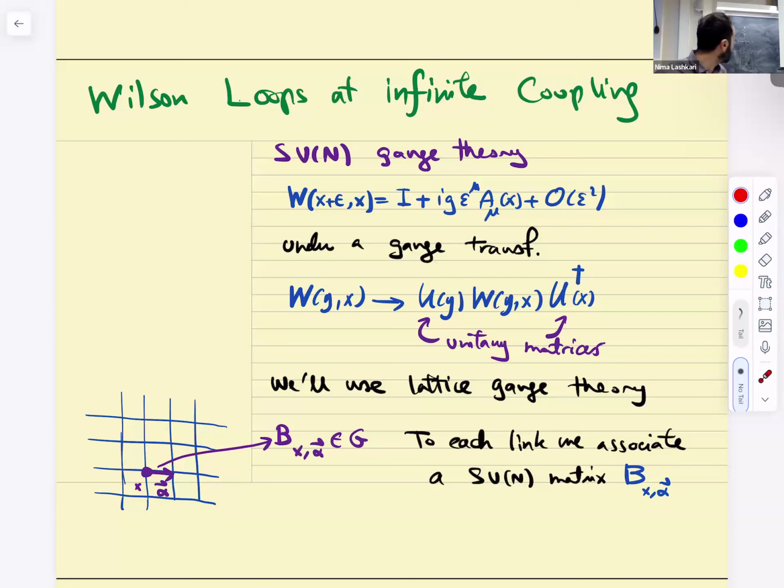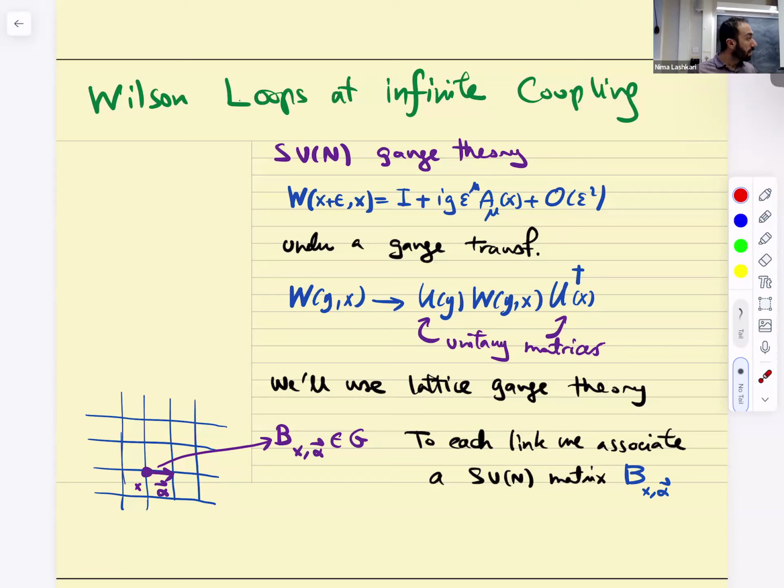This is what it means to say that if you attach a charge q here and minus q here, this is gauge invariant, because W in the middle transforms like u dagger. There's a direction.